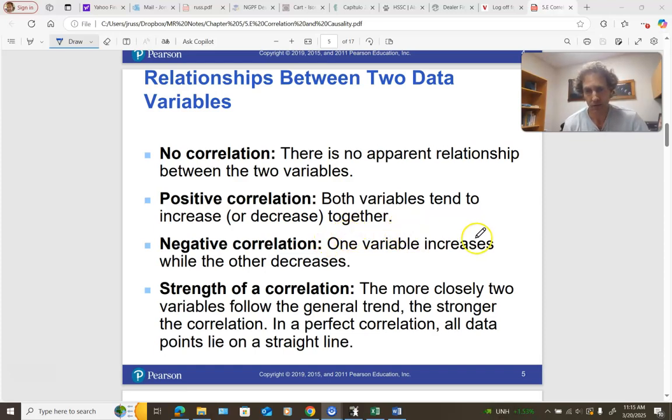This would occur whenever one variable increases while the other one decreases. It doesn't matter which one. Variable 1 could decrease, and that could correspond to an increase in variable 2. The example that we saw was prices of apples versus the actual demand. As the price goes up, the demand typically will go down.